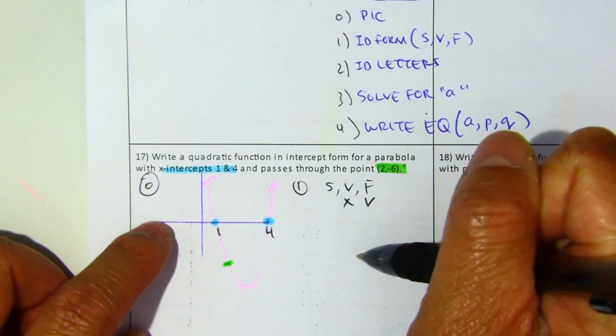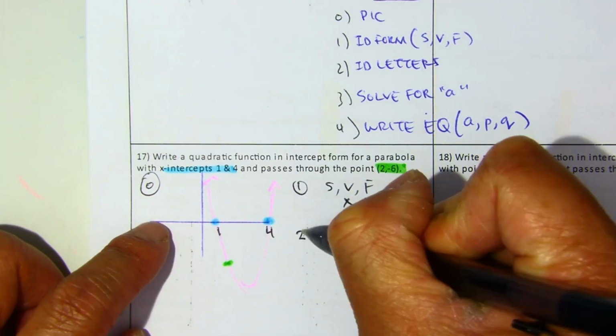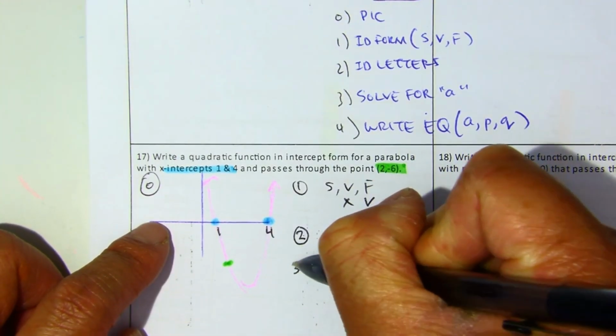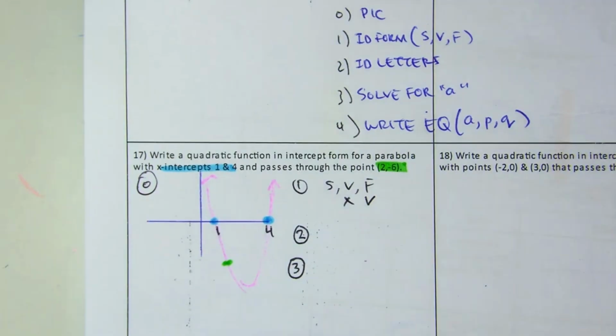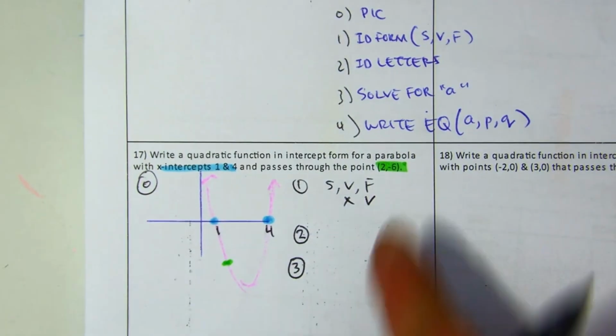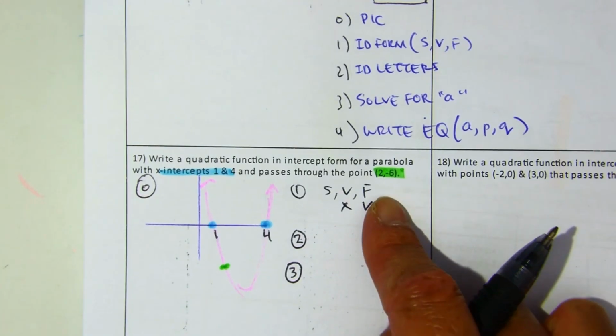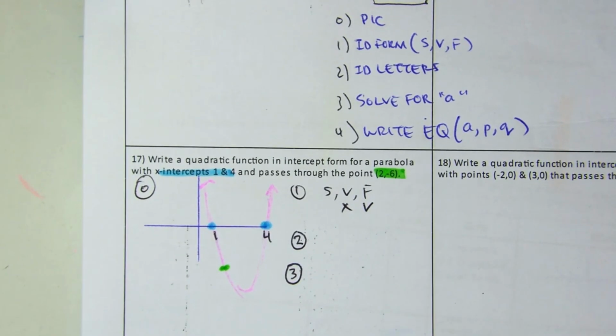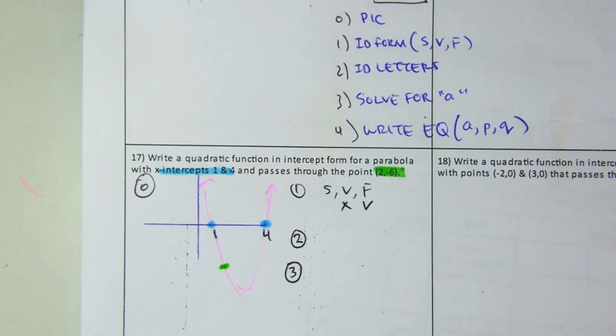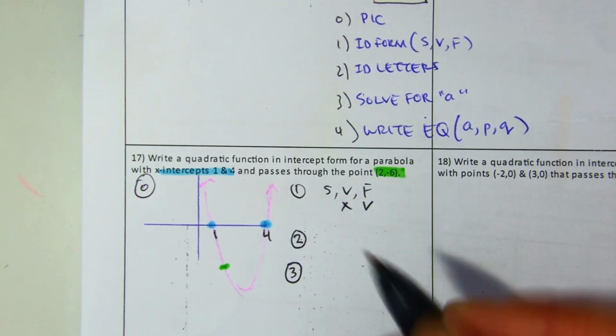Step number 2, before I get the letters, you need to pull out your foldable and tell us what is factored form. Does anyone have theirs out? Sophia has hers up? You are so fast. Can you put your finger on factored form and then read it to us?